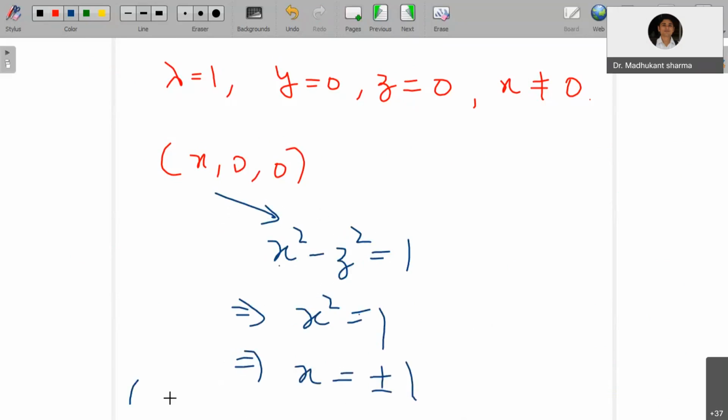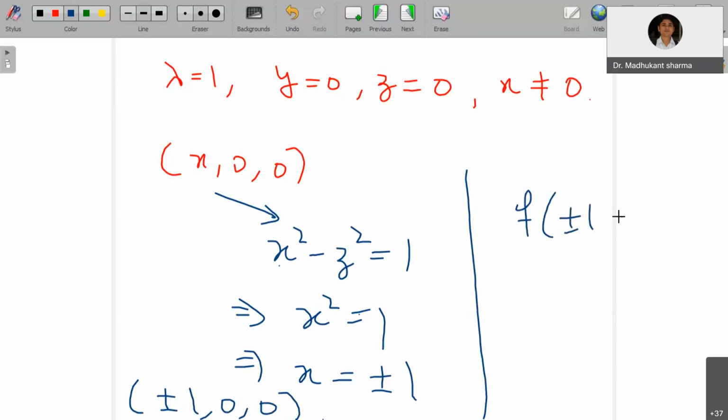So the points are plus or minus 1, 0, 0. In either case, x equals 1 or minus 1, f of x, y, z will always be 1, and we have already seen that f at (plus or minus 1, 0, 0) equals 1 unit distance.